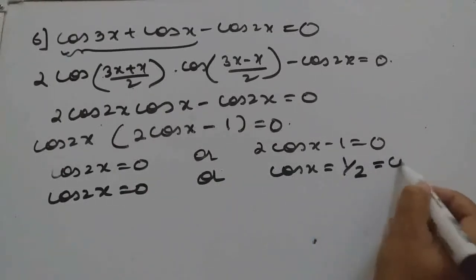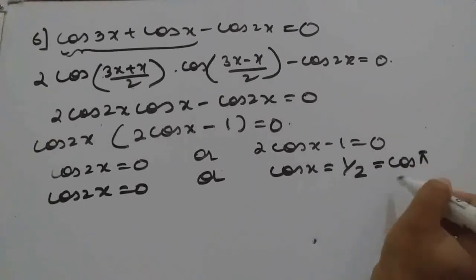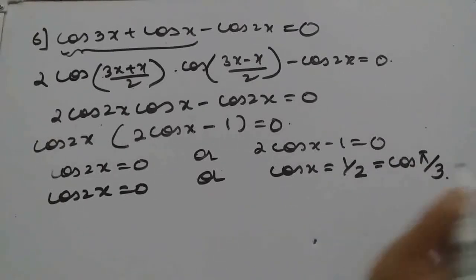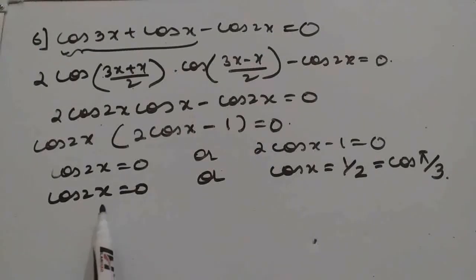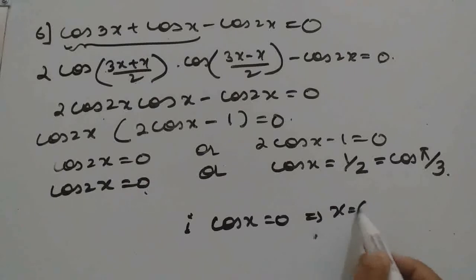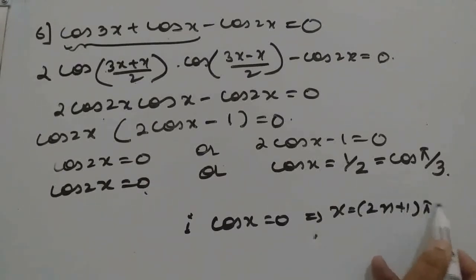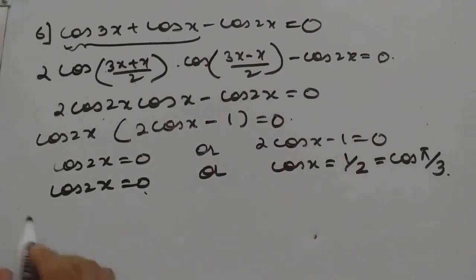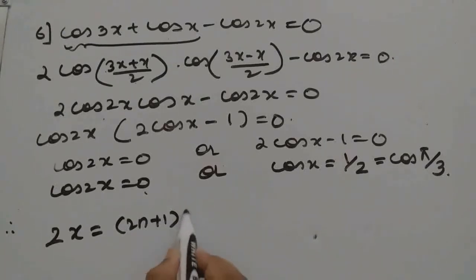But 1 by 2 we know cos 60 is 1 by 2, so cos of pi by 3. So here in these two expressions we should use two different rules. First one is cos 2x equal to 0. So we know if cos x is 0, that implies x is an odd multiple of pi by 2, isn't it? So here 2x is an odd multiple of pi by 2.